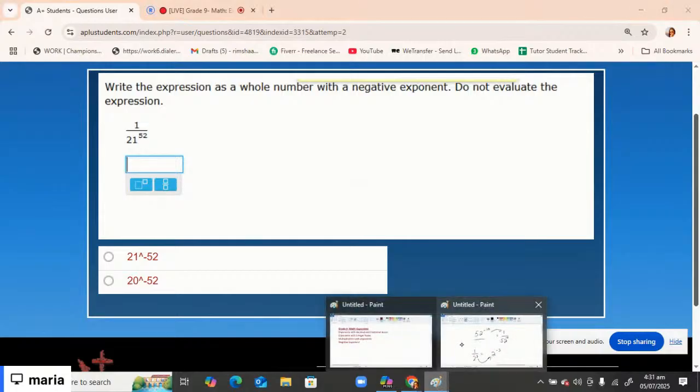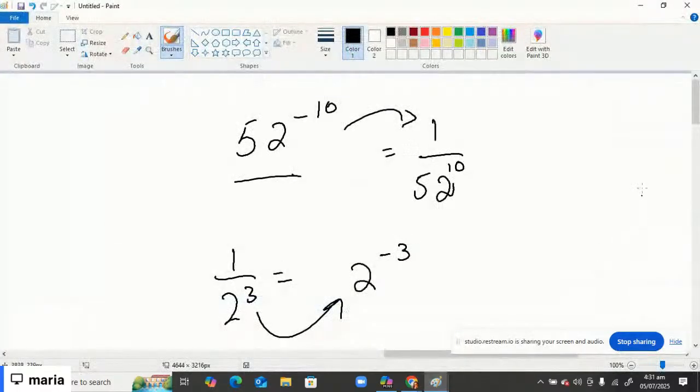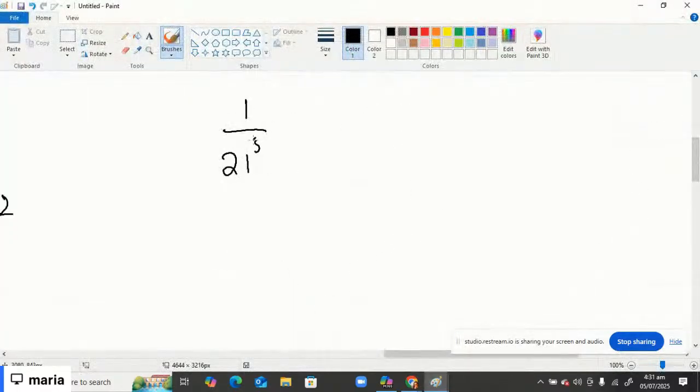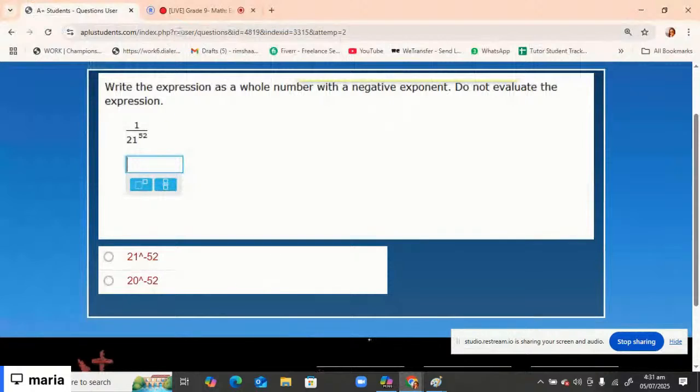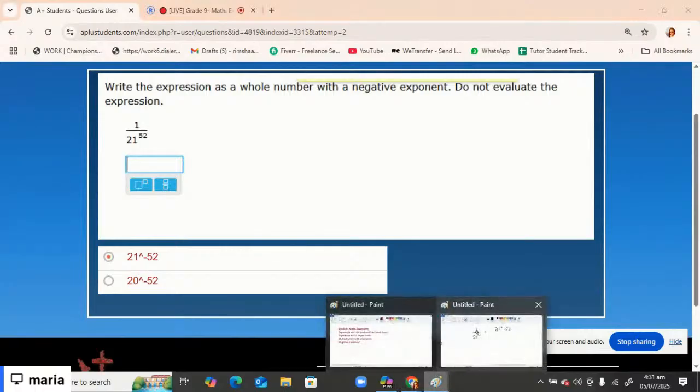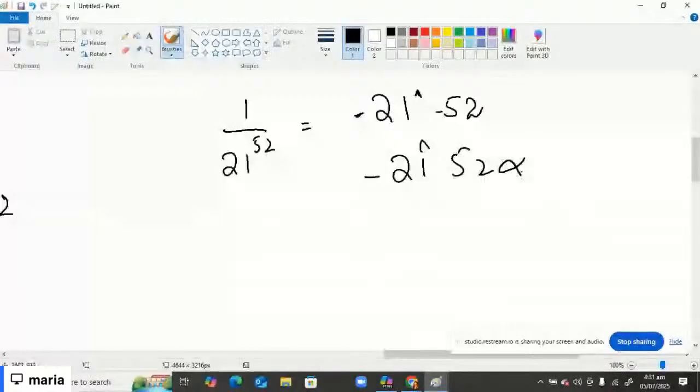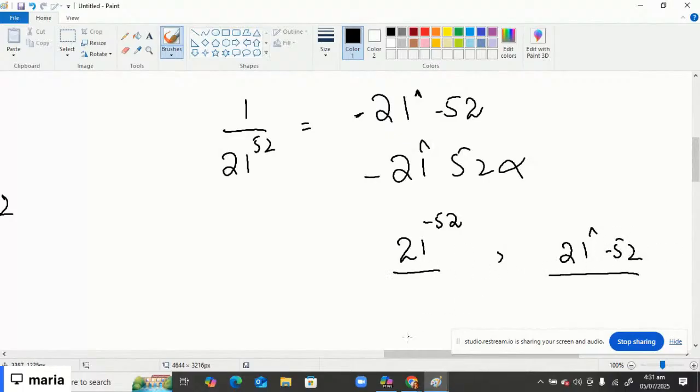Let's suppose here I'm going to write 1 over 21 to the power 52. When it moves up, this becomes 21 with power minus 52. So we just put it out, 21 power minus 52. You are not putting the negative sign elsewhere. If you write 21 over minus 52, no, this is not right. But if you write it this way or 21 power minus 52, both are right.